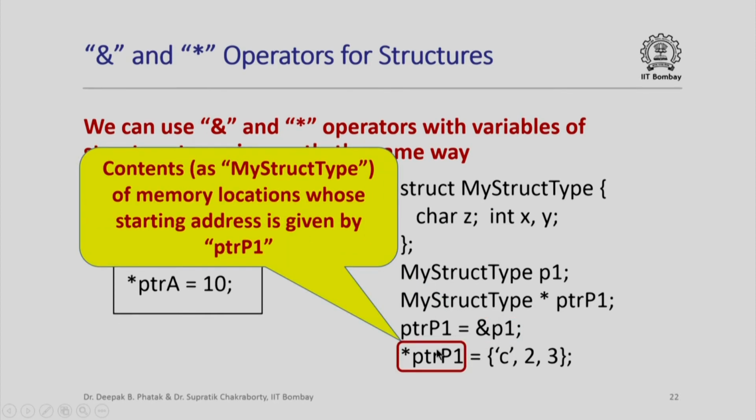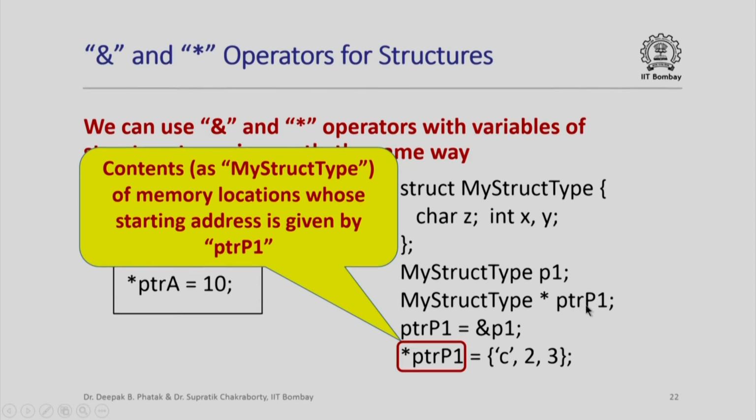And similarly, when we say star pointer P1, we are asking the computer to update through this assignment statement the contents of the memory locations whose starting address is given by pointer P1, and these contents should be thought of as having the value of a variable of type mystruct type.